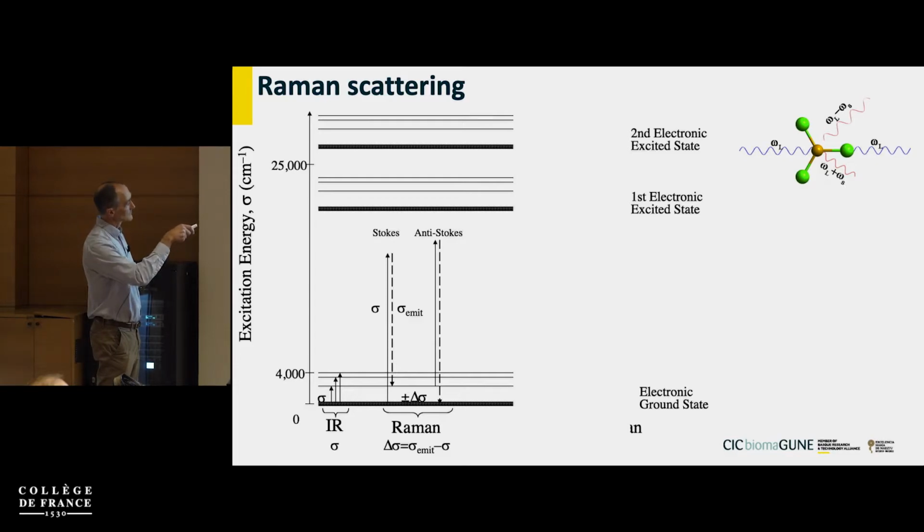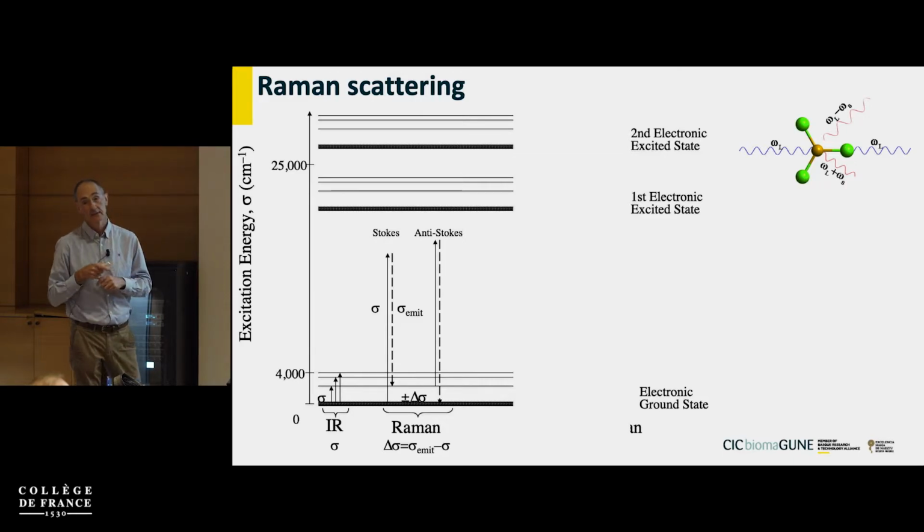And then you watch the emitted or scattered electrons when they go back to the ground state. But if you want to have Raman, they should go to a different vibrational state. And so if you start on the very ground vibrational state, the Stokes scattering would mean that the electron goes back to a higher energy vibrational state. If you start at an excited vibrational state, you can also watch anti-Stokes, meaning that the electron goes back to a lower vibrational state.